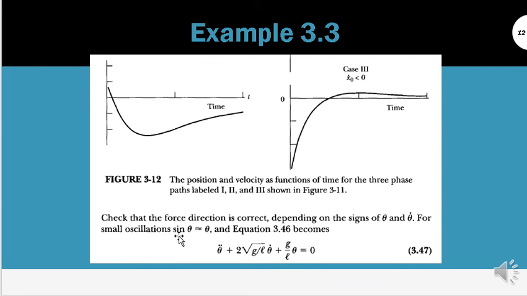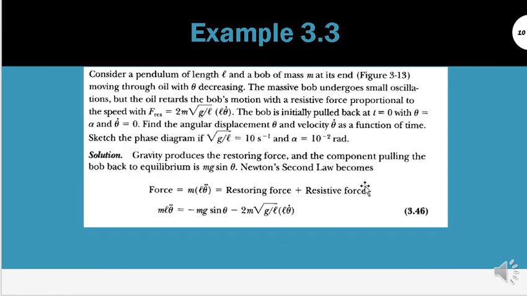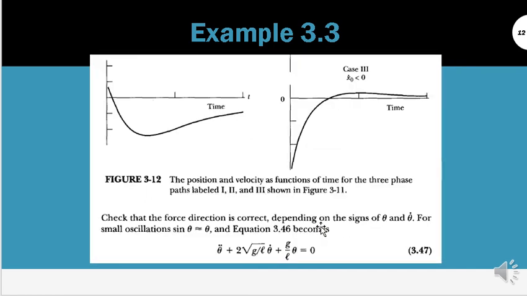For small oscillation, sine of theta is approximately equal to theta, and equation 3.46 becomes theta double dot plus 2 square root of g over L theta dot plus g over L theta equals 0. You just have to cancel out the mass and then divide both sides by the length. Then, eventually, you will get this equation.